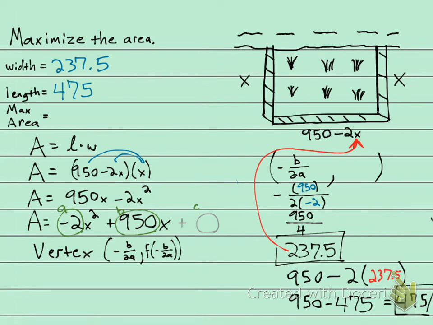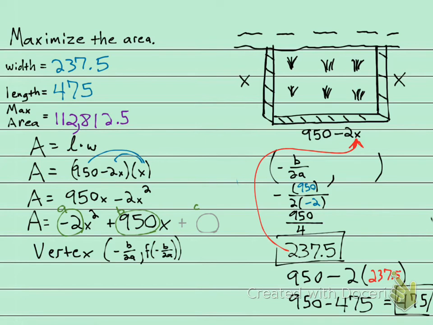Now the area is length times width, so if I multiply these two numbers here, 237.5 times 475, plug them in here and here, and I will get my maximum area. So 237.5 times 475 equals 112,812.5 meters squared.